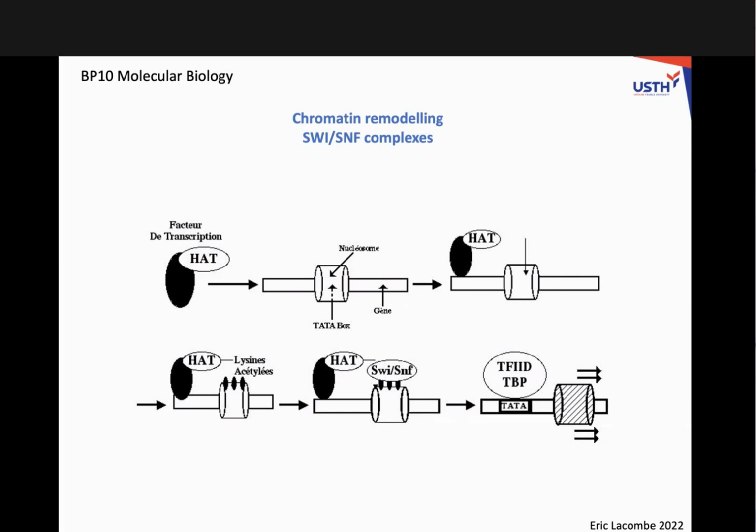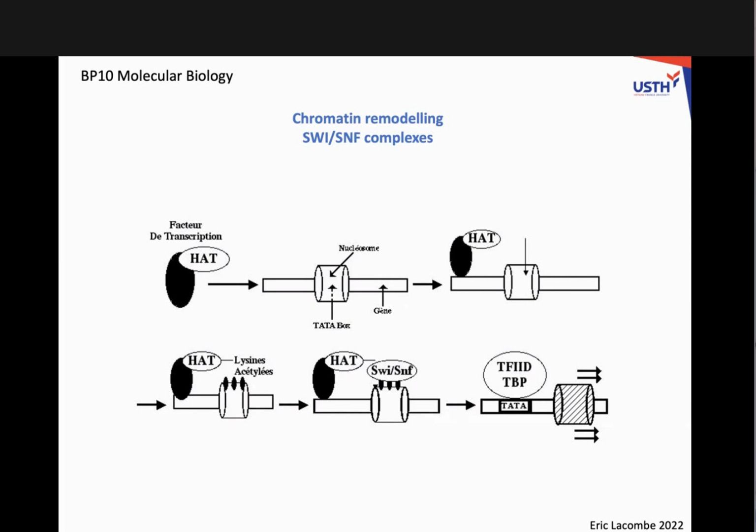The sliding is not very long. It's 50 or 100 base pairs, but it slides just enough in order to free the TATA box. It's not a global sliding of all the nucleosomes. It's just local sliding. But if it just slides enough for the TATA box to be revealed, right?